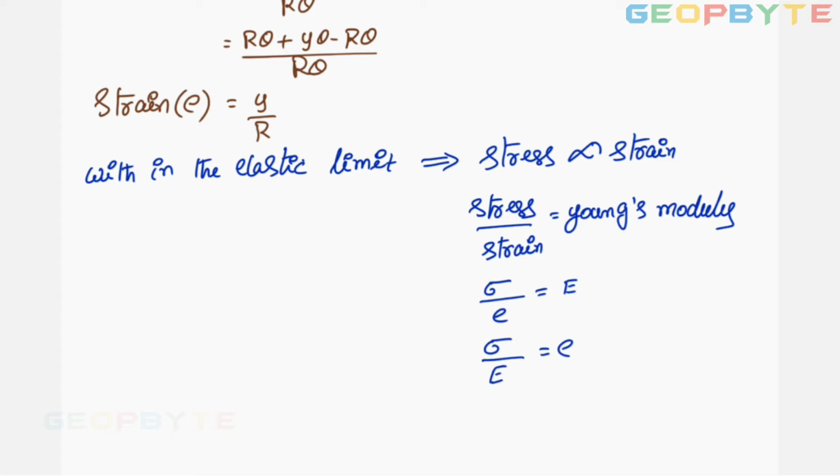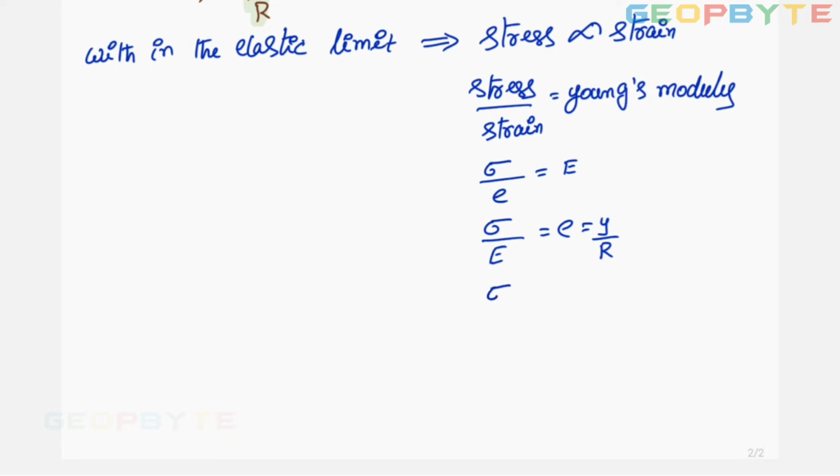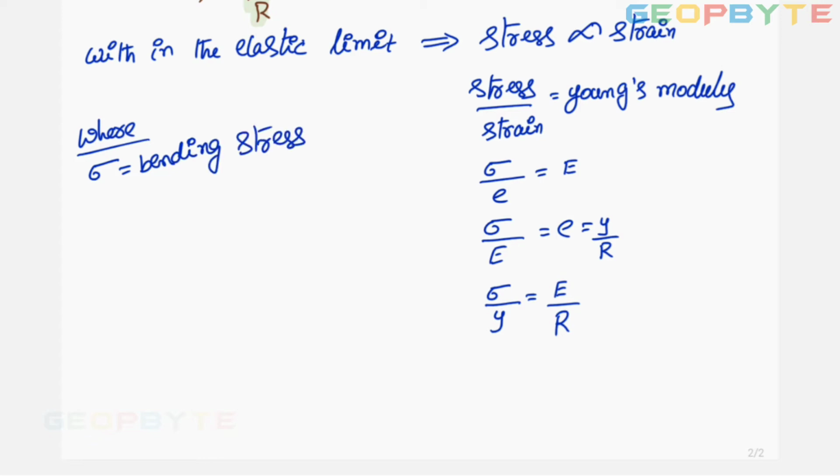But what is the strain, dear students? The strain is y by r. So from that I can also write sigma by y equals E by r, where sigma equals bending stress, y equals distance from neutral axis to layer.